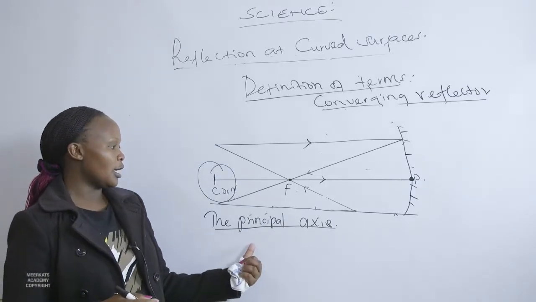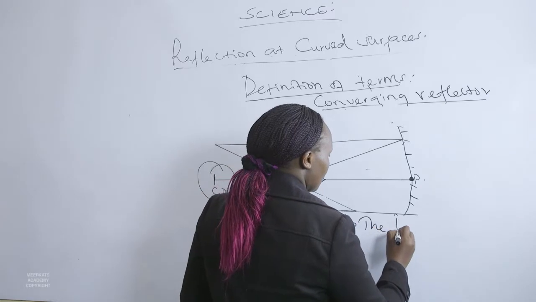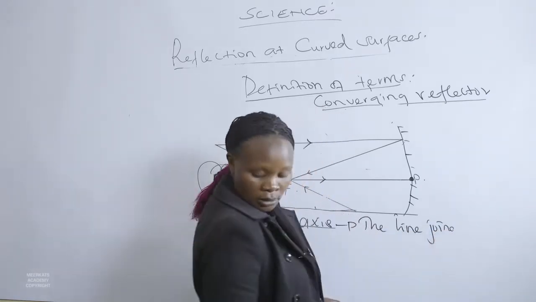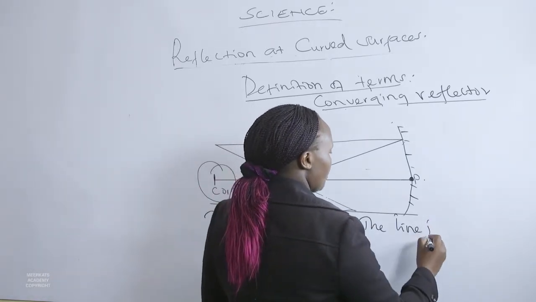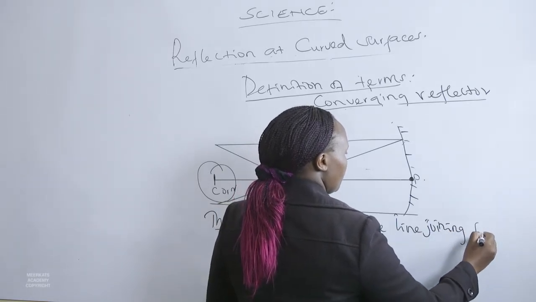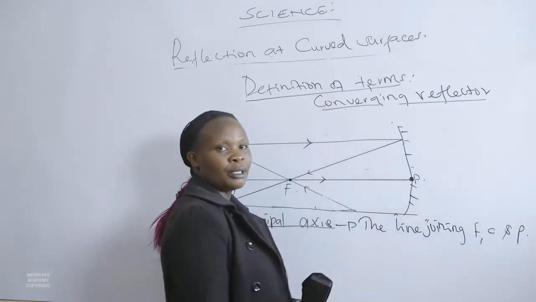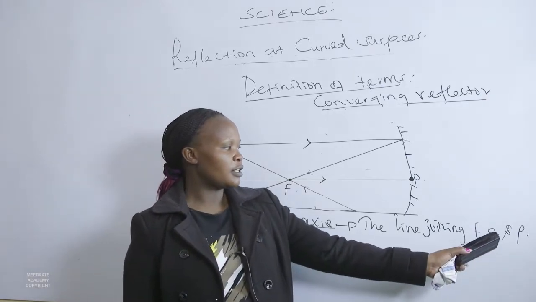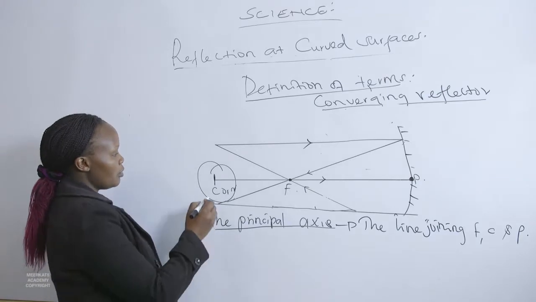And the principal axis is actually the line joining F, C, and P. The line that joins F, C, and P is what we call the principal axis.